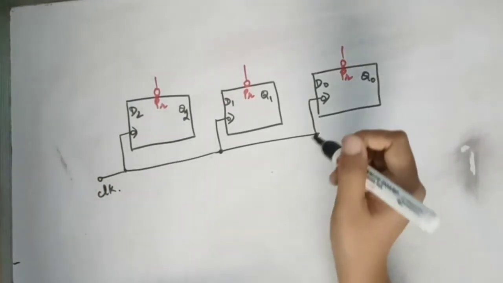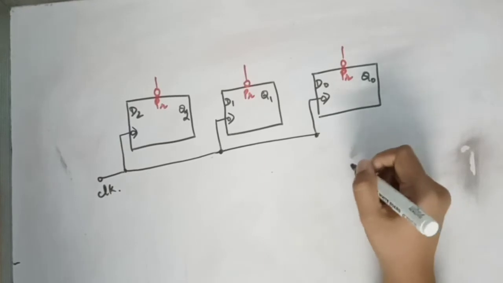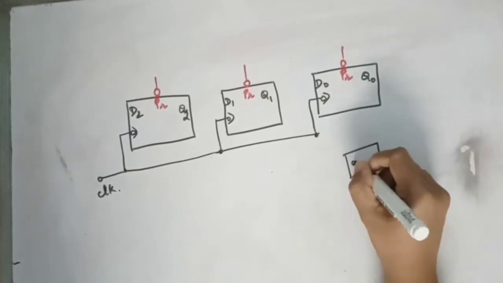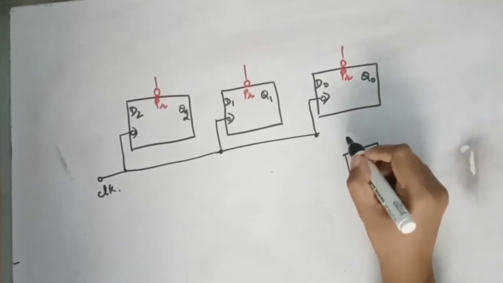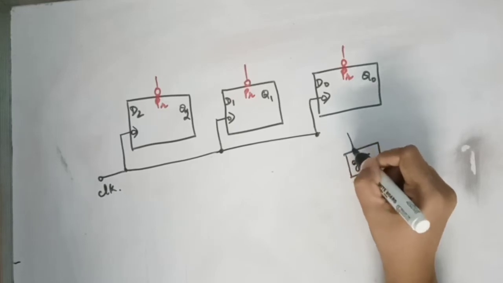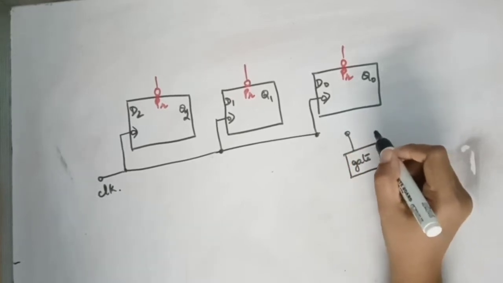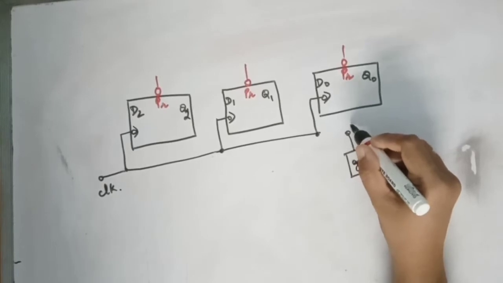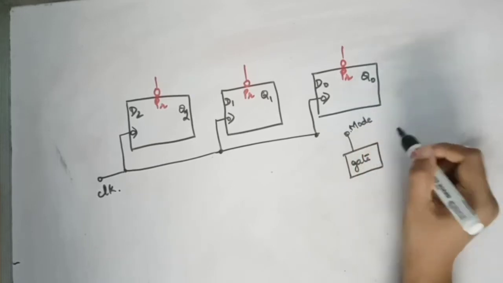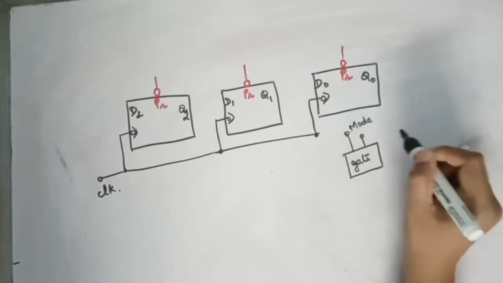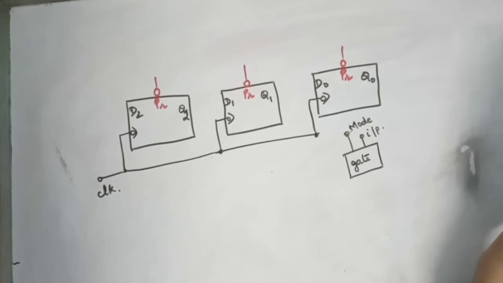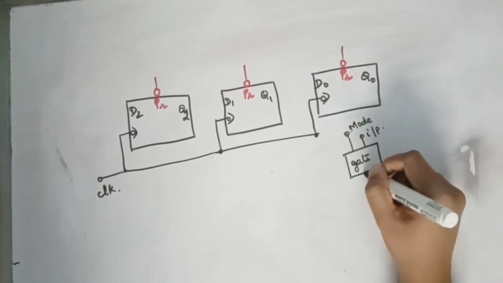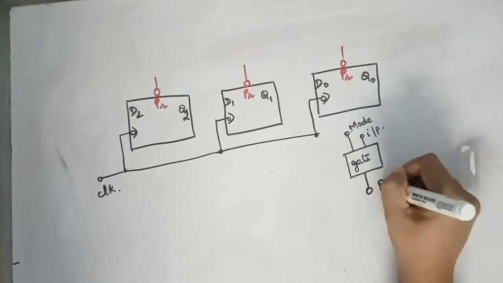Okay, so we have a gate. For this gate there is one mode control, and you have another input which is the actual input. The output of the gate is given to the preset.